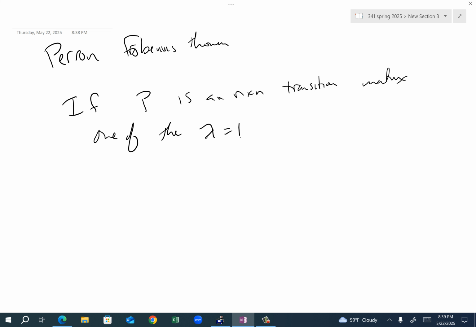So P is a regular n by n transition matrix, and if P is diagonalizable, then the dominant eigenvalue is lambda equals 1. Okay, so check this out. This is kind of a big deal. This is a lemma, a part of a theorem; it kind of follows from a theorem. Let P be a regular n by n transition matrix.